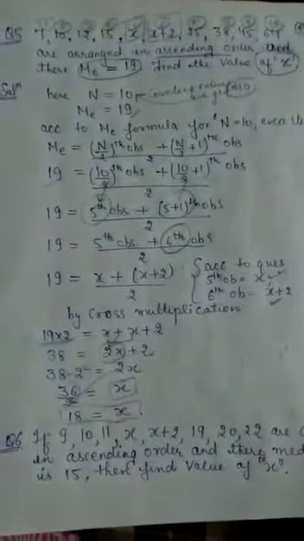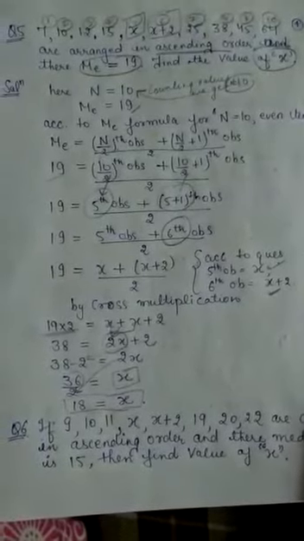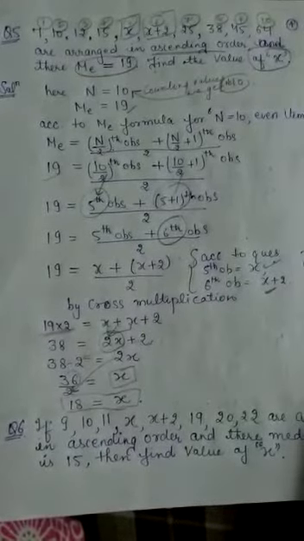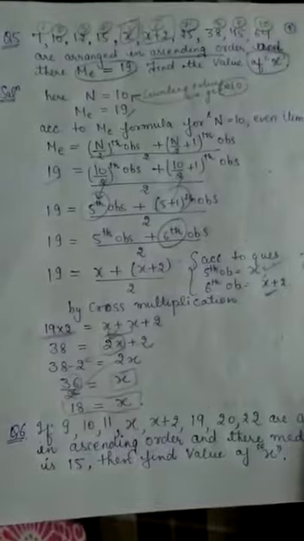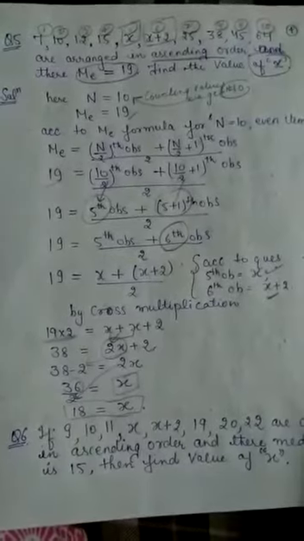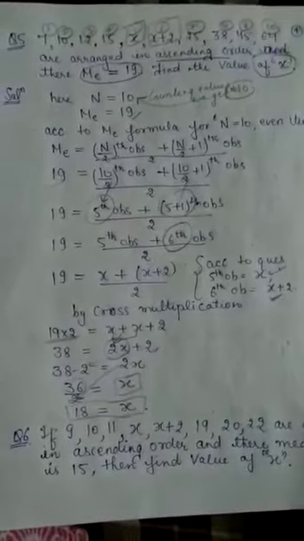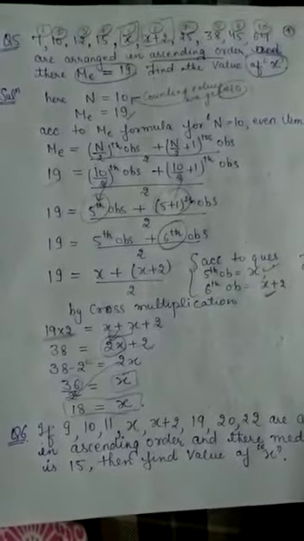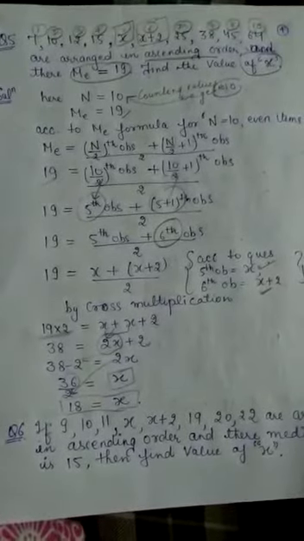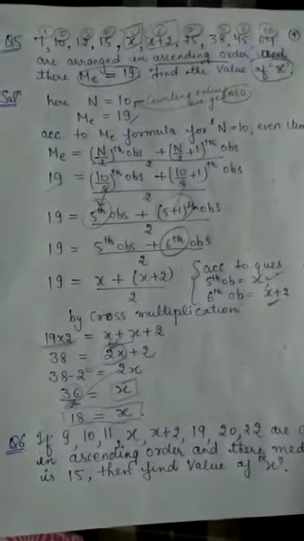Hope I have made myself very clear in discussing these three types of questions to you. First I have done the introduction of median, then we have done that three different series have three different formulas. Then we have discussed individual series and median calculation in detail. That is, first, if the number of observations is odd, second, if the number of observations is even, and third, if some missing values are there and median is given, then how to find out that value for individual series.